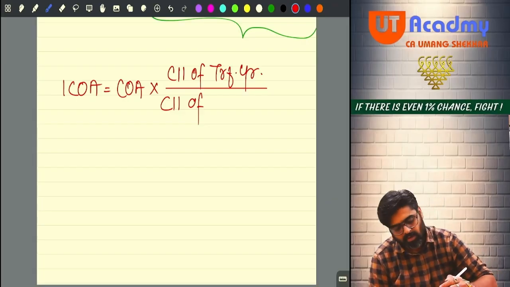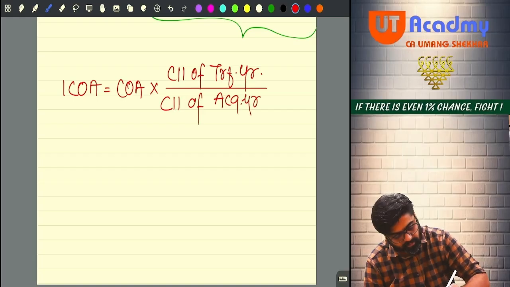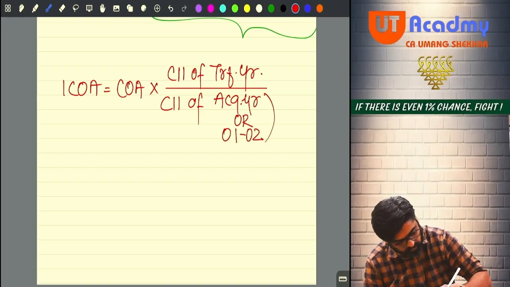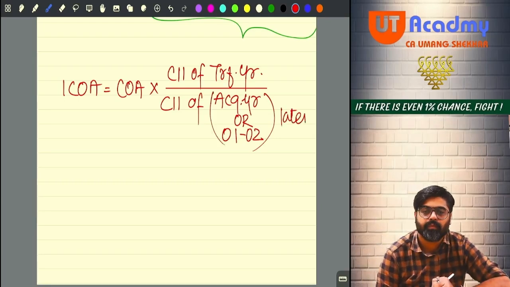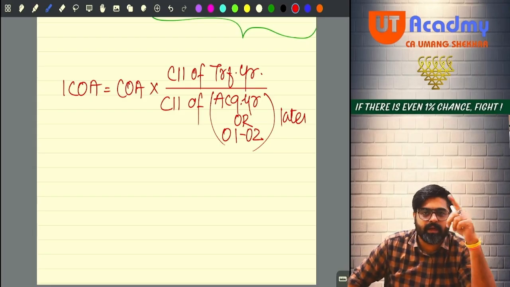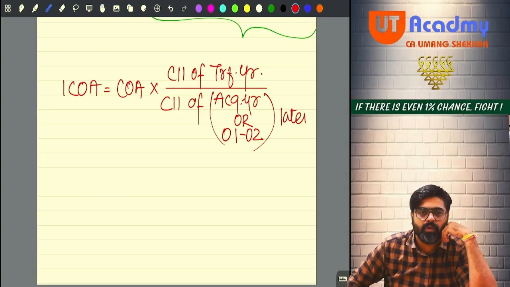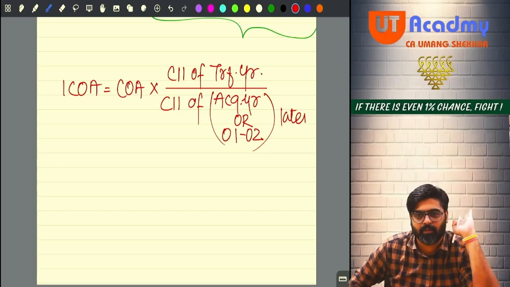So here now what we are going to do: CII of acquisition year or 2001-02, whichever is later. So if the acquisition year was 94-95, take 94-95 or 01-02, whichever is later, 01-02, and divide by the CII of 01-02, because you must have already taken fair market value by then.